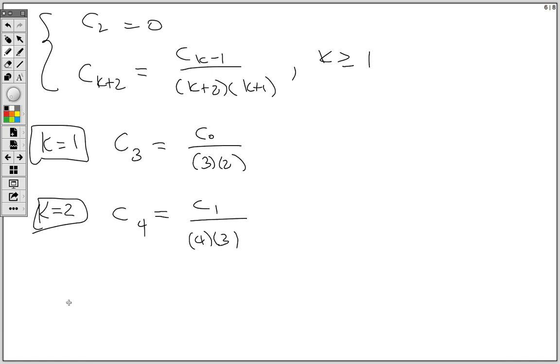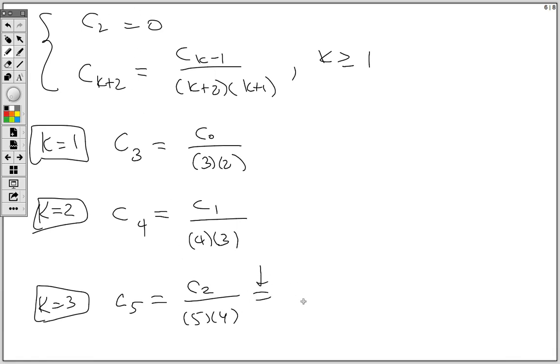When k equals 3, I get c5 equals c2 over 5 times 4. And here's where I know about c2. c2 is actually 0, so that gives me 0.